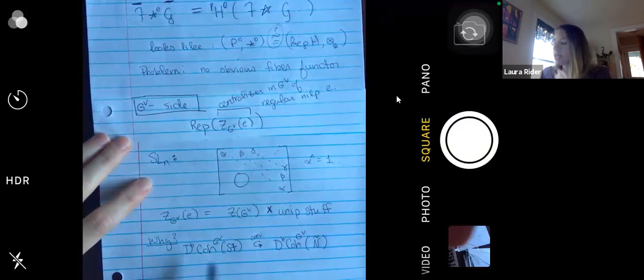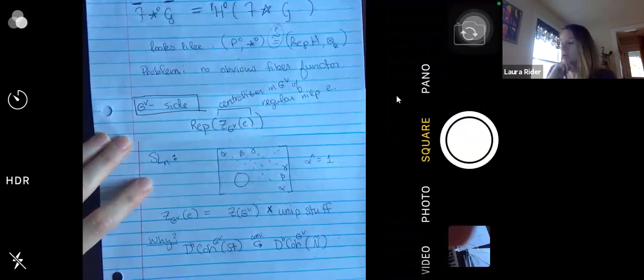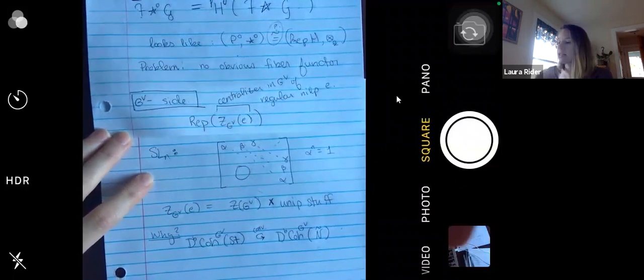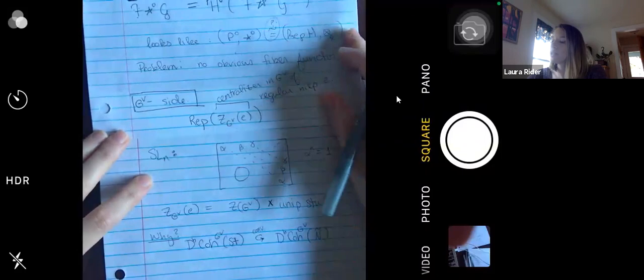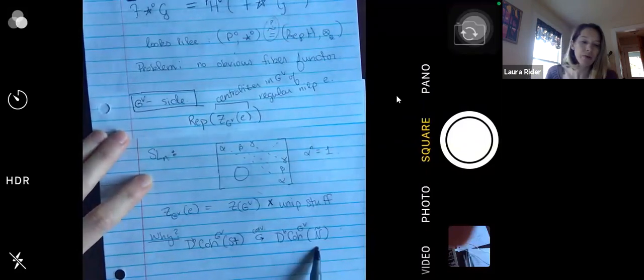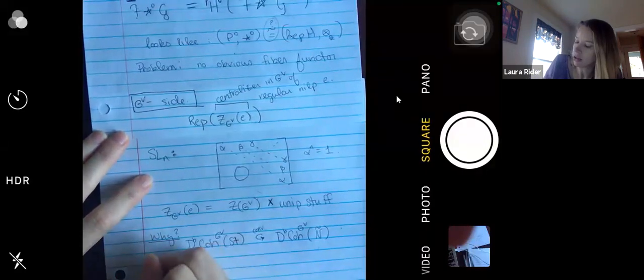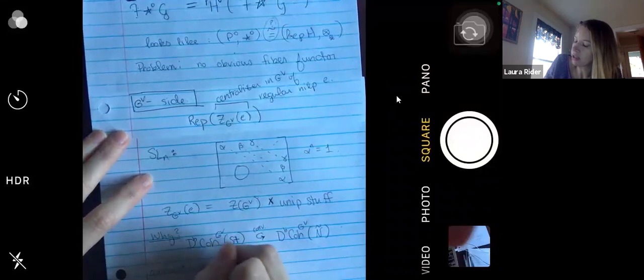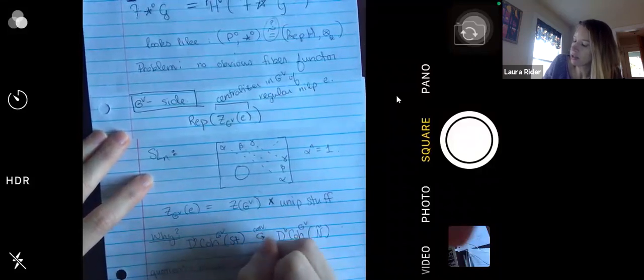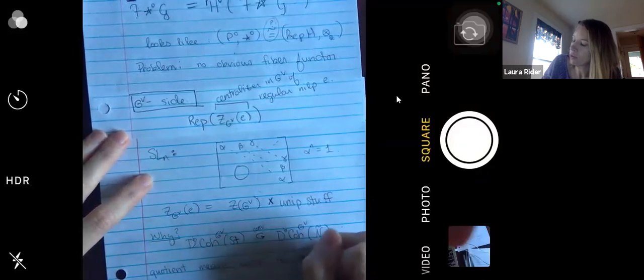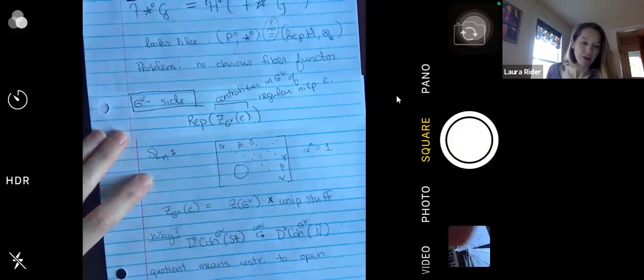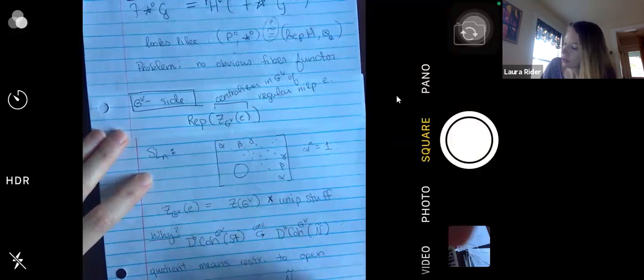So if I'm thinking analogously, then I need to take some kind of quotient of this category, and quotient in the context of this algebraic geometry structure means restrict to an open subset. So quotient means restrict to open.